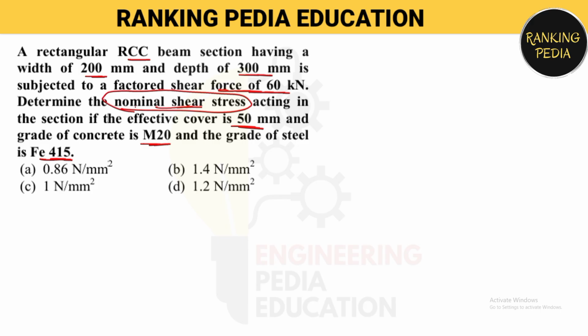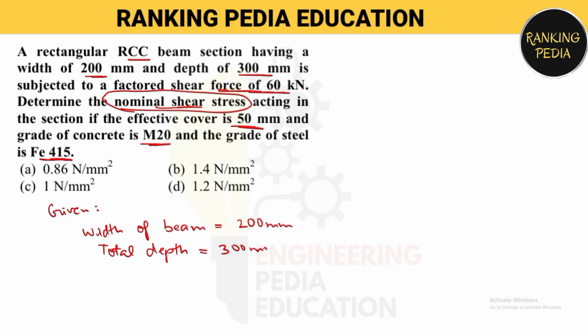First we will note down the given quantities. What is given? The width of the beam is 200 mm, which we denote by small b. Then the total depth is given, which we denote by capital D, and it is 300 mm.